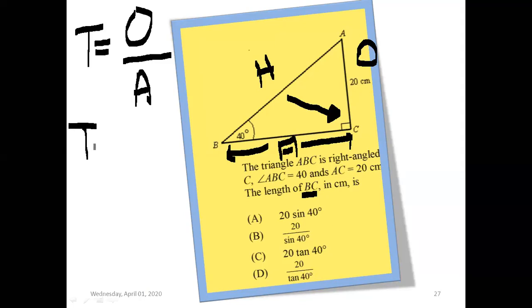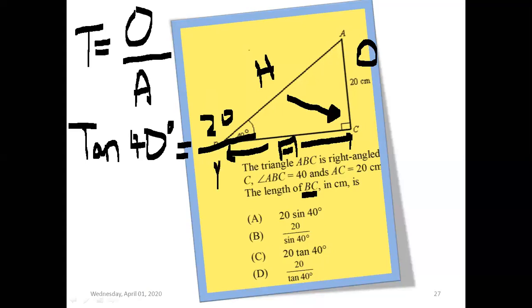Since we identified tan, it's going to be tan of angle 40 equals the numerator. The numerator is the opposite, which is 20, divided by the adjacent, which is also BC.